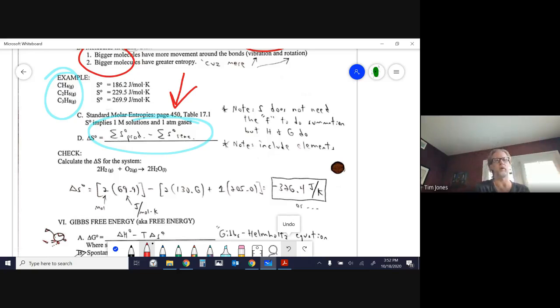So you don't have to worry about that little F for formation. And also, you'll find last time elements were not in the delta H list because forming an element from itself didn't take any change in enthalpy. But an element, of course, does have some amount of entropy. So let's take a look at that chart right now.